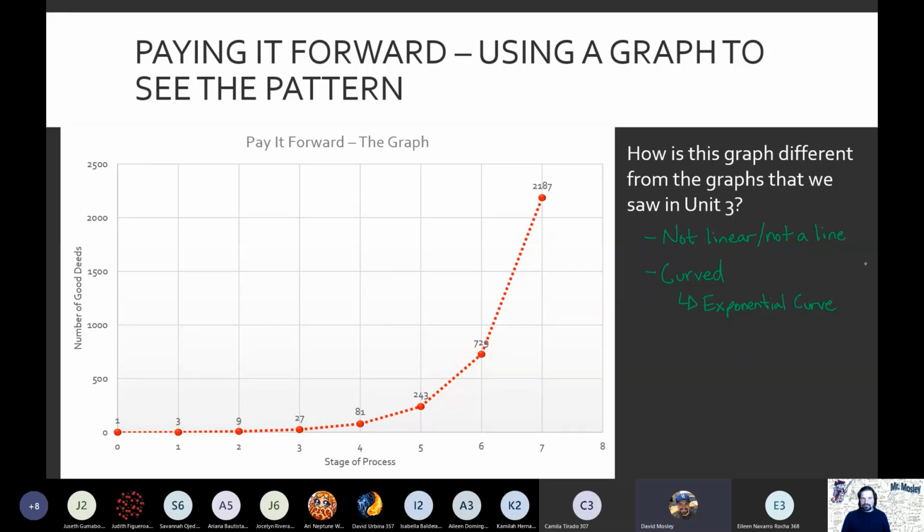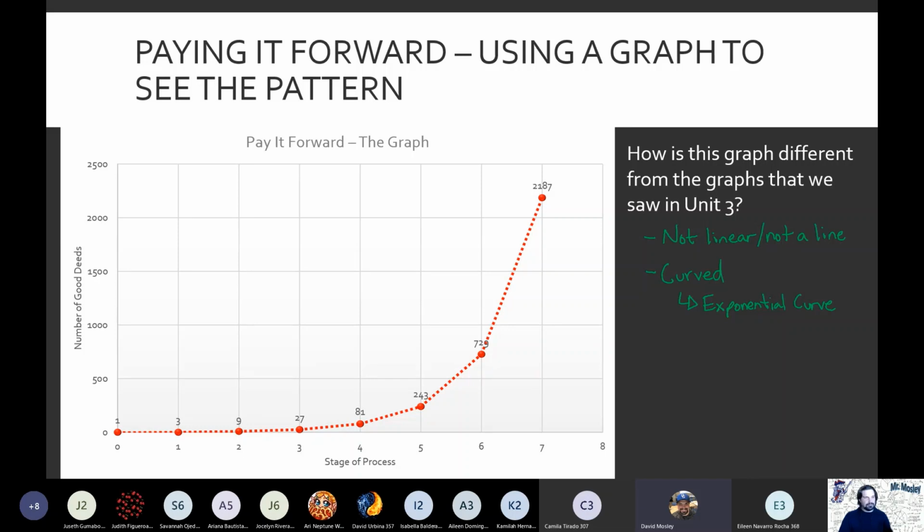All right, so visually, these are the major differences. It's definitely not a line, and it's curved. It curves up. Obviously, when we're looking at a graph, it's very easy to see that it's not a line in this case.